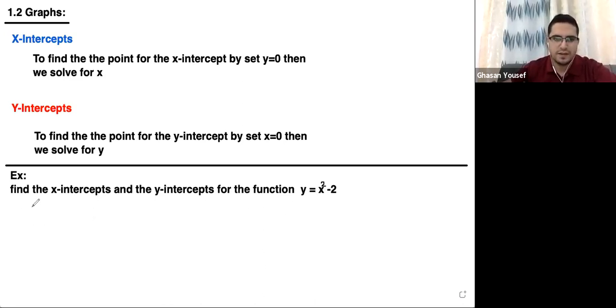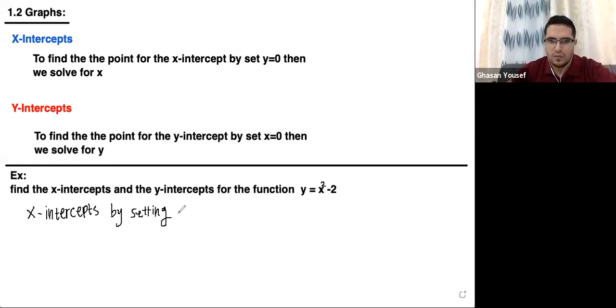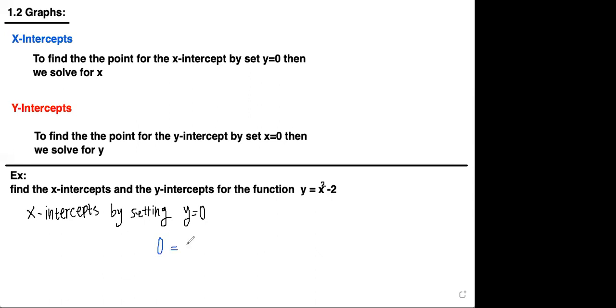So here, the x-intercept by setting y equals 0. So when y equals 0, what do we get, Aziza? 0 equals x squared minus 2.